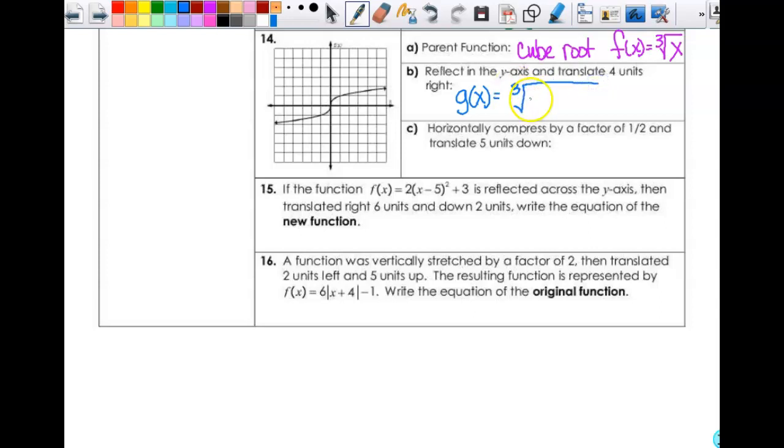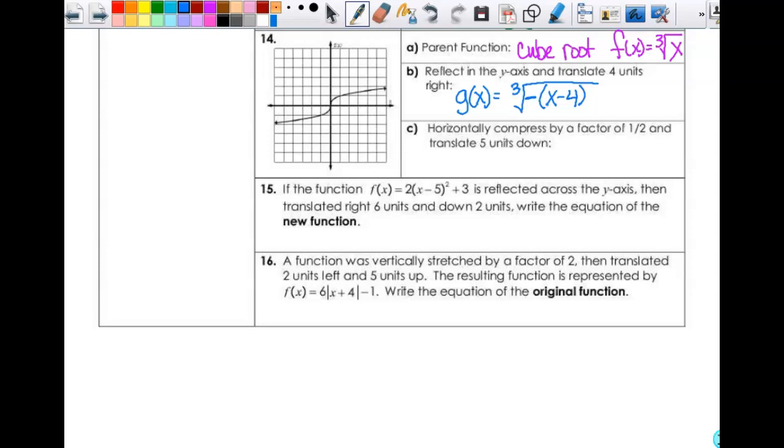So it means I'm going to have a negative in here so that I reflect in the y-axis. This 4 units right is going to be x minus 4, but you have to make sure that you have parentheses here, okay? If you're going to multiply anything by x or have that negative in there and you have a translation, you have to have parentheses there because everything always has to be factored all the way out.